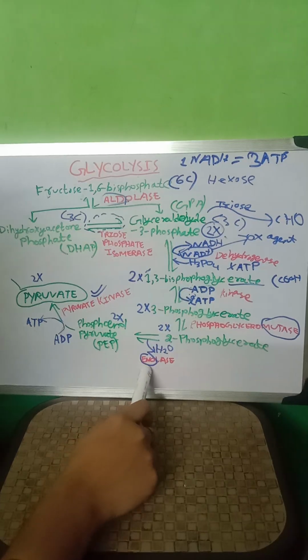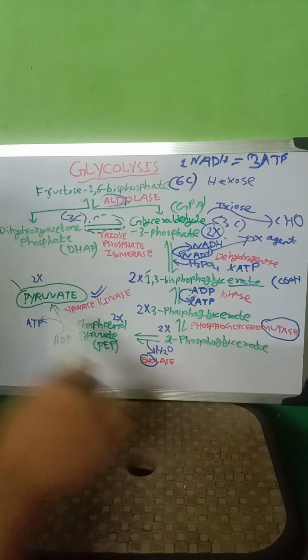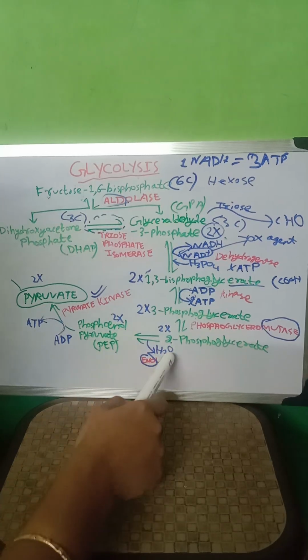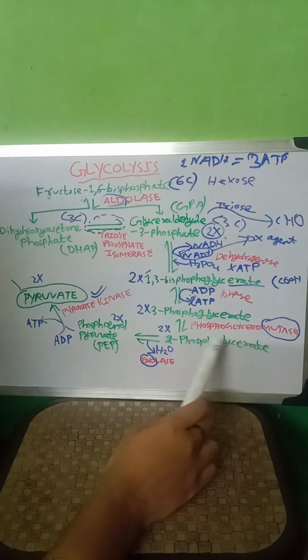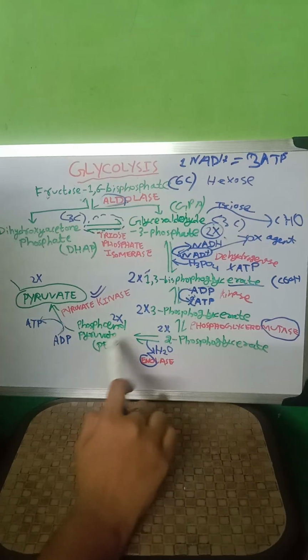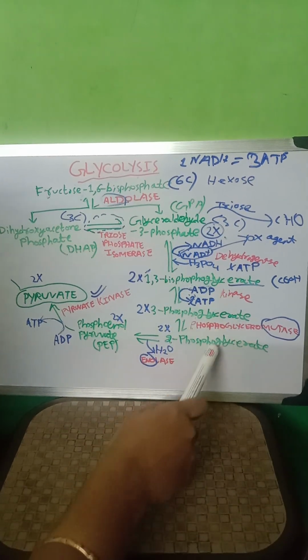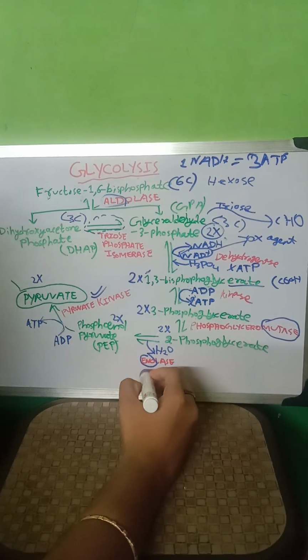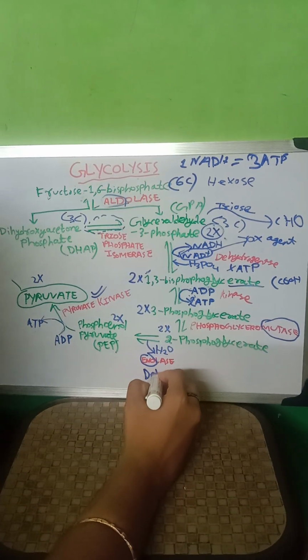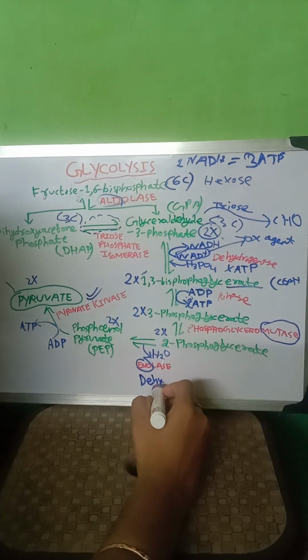That's why I'm telling you to remember the enzyme names, so that you can remember what is exactly happening in this step. A water molecule is going out and this is being converted to phosphoenol pyruvate. This step is dehydrating, right?